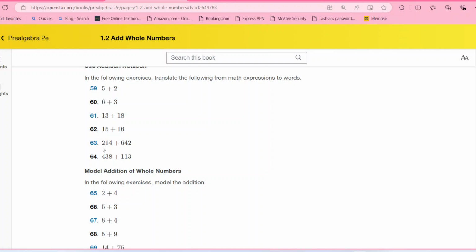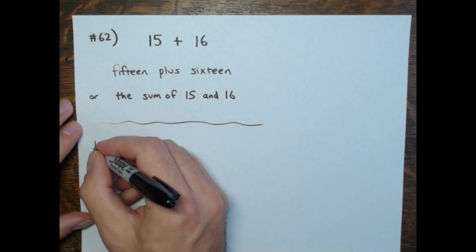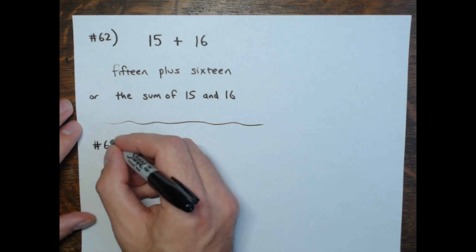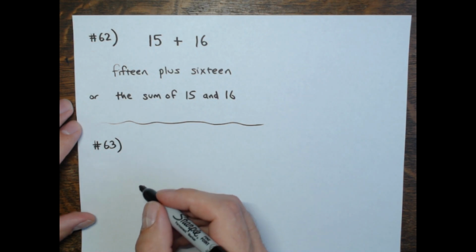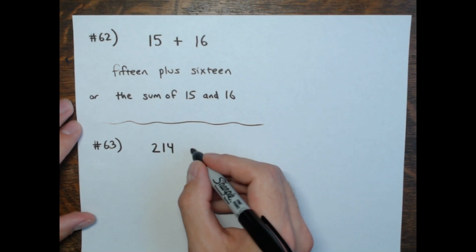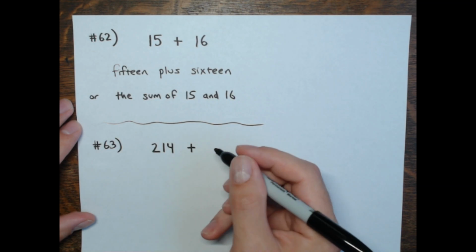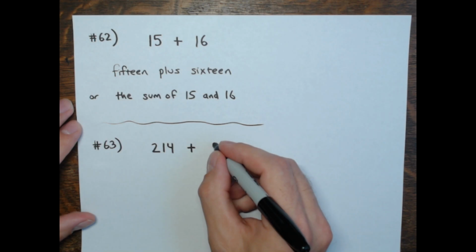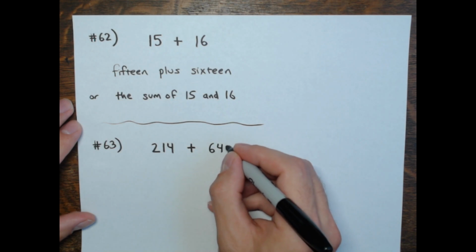Number 63, another expression with a sum, a plus sign, some addition. So number 63, we have the numbers in this expression 214, a plus sign representing addition, and then 642.